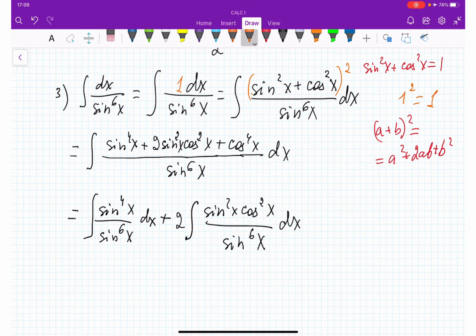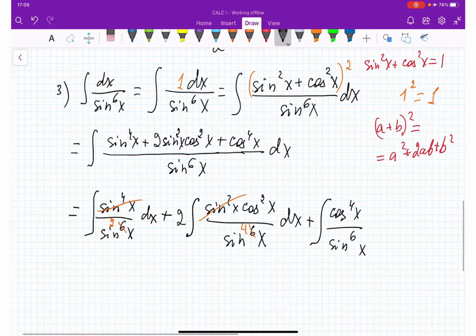From here, what we can do: sine squared x is gone, here is 4. Since I did that here, I can do the same thing with this integral. Sine to the power 4 is gone, and the 6 will become 2. And then plus the integral of cosine degree 4x over sine degree 6x.